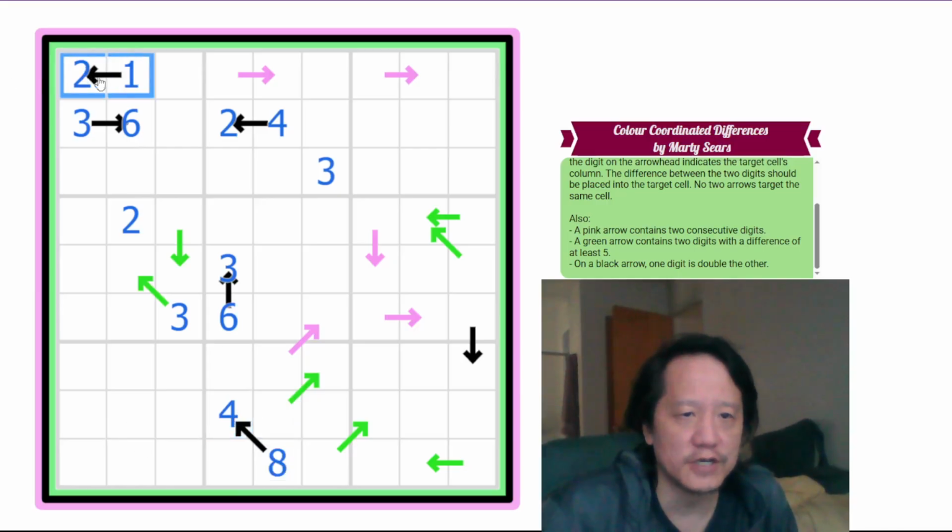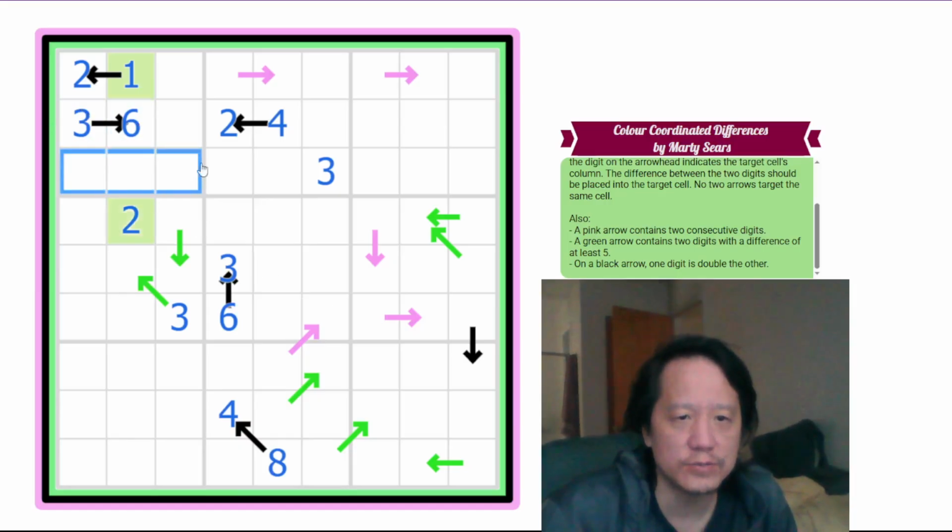So this one's done. We have 2 and 1 pointing to that cell. We have 4 and 2 pointing to this cell here. 3 and 6, row 3, column 6 points to that cell. 6 and 3, row 6, column 3 points to that cell. And 8 and 4.